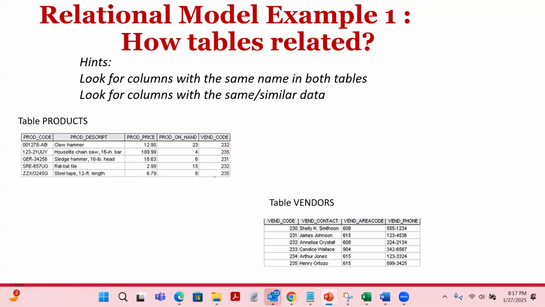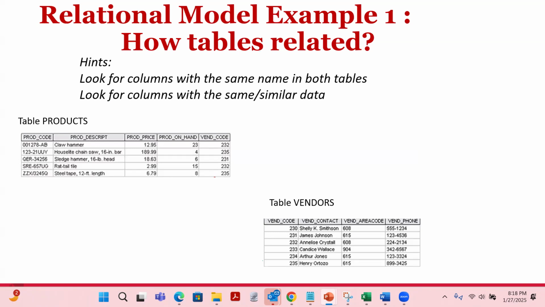We have two tables here, product and vendor, and we need to understand how those tables are linked together. And we have a couple of hints. Those hints tell us to look for columns with the same name in both tables. Also, look for columns that contain similar data.